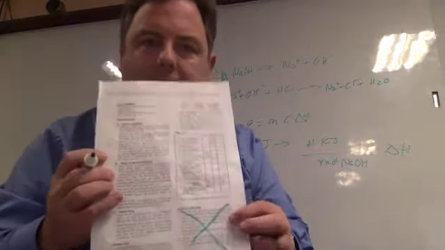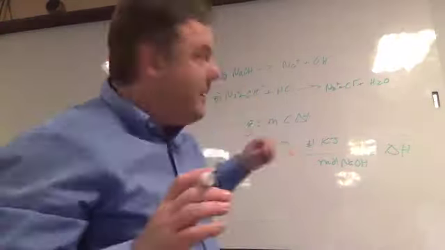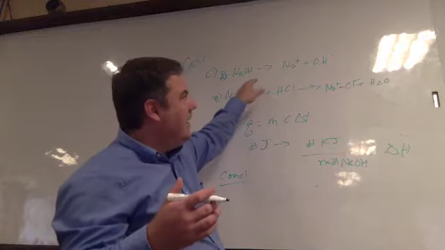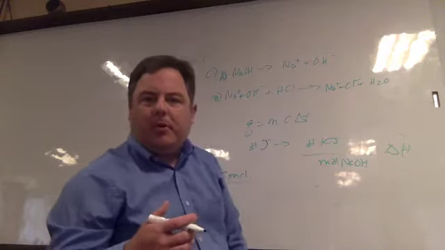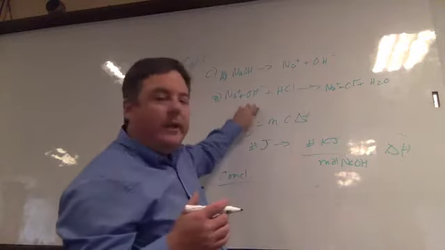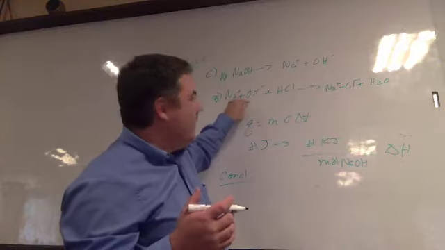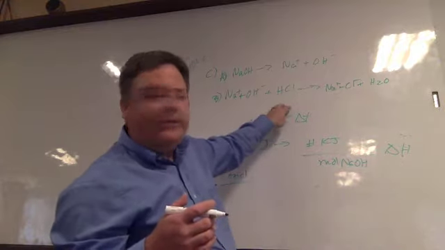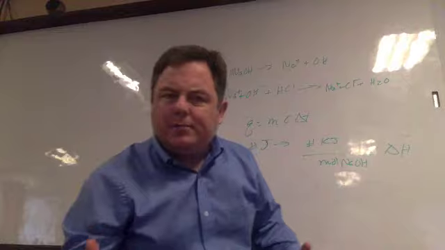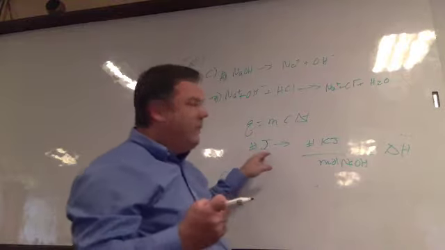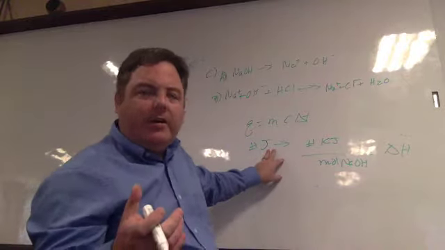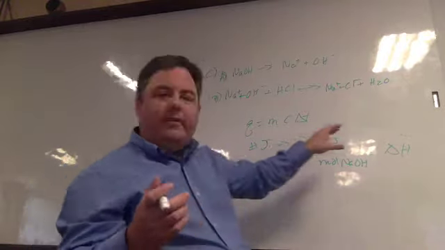What I want you to do is just say in a paragraph, well, part A, we found the heat of solution for sodium hydroxide, and it was this many kilojoules per mole. And then part B, we found the reaction of dissolved sodium hydroxide with HCl, and it was this many kilojoules per mole. In part C, we did both of them together, and we found this many kilojoules per mole.